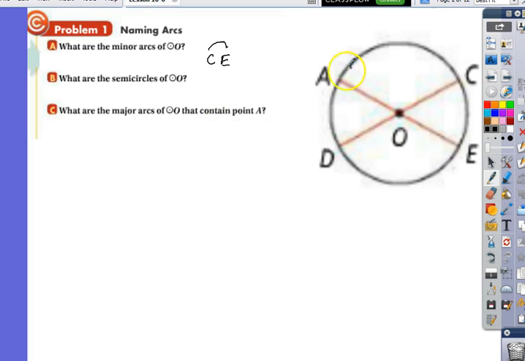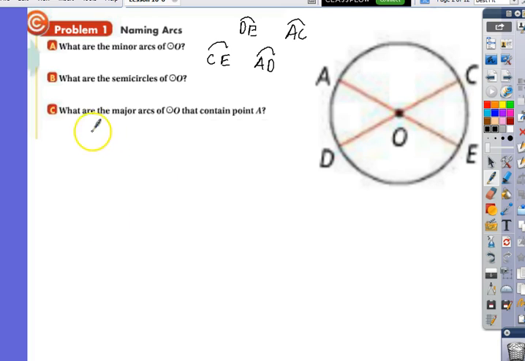Yes, there are infinitely many points that exist on the circle, so there are infinitely many different arc combinations. I chose CE as a minor arc, but if you were choosing it, AD would also be a minor arc. Can somebody give me another minor arc? DE? Somebody else? AC? So all of those are minor arcs.